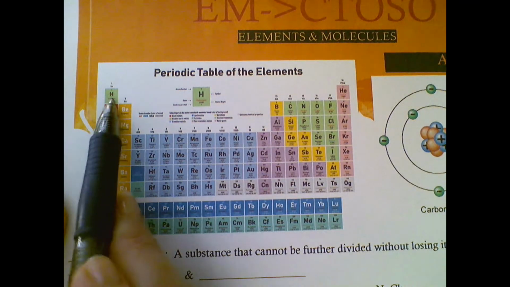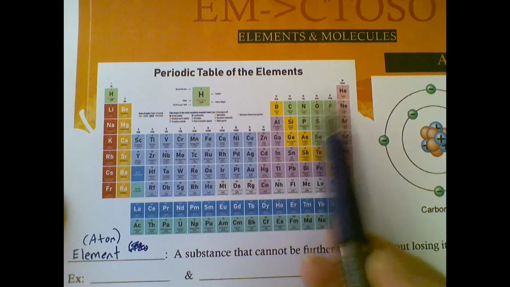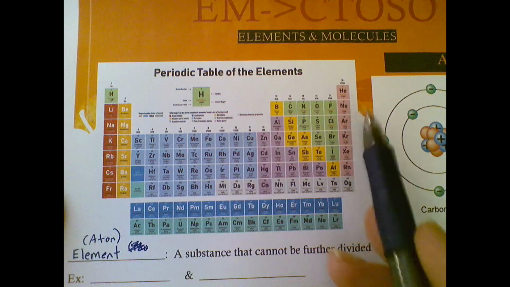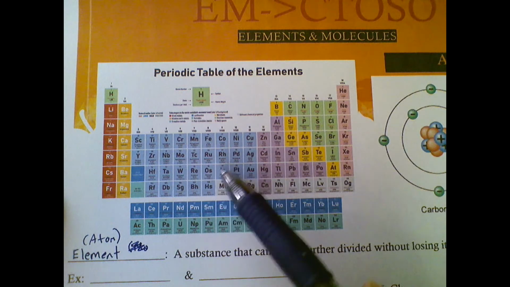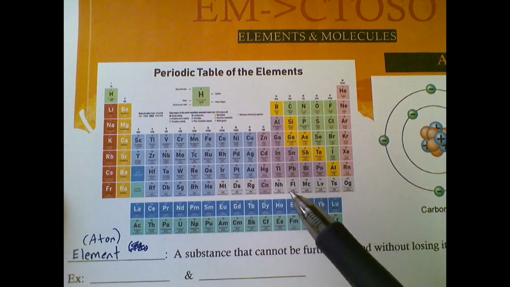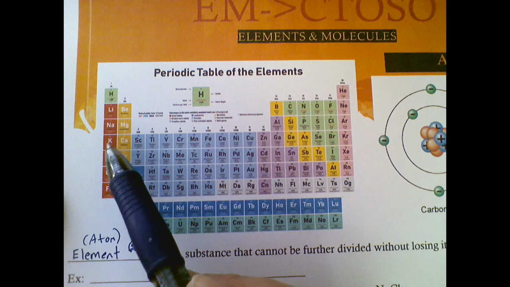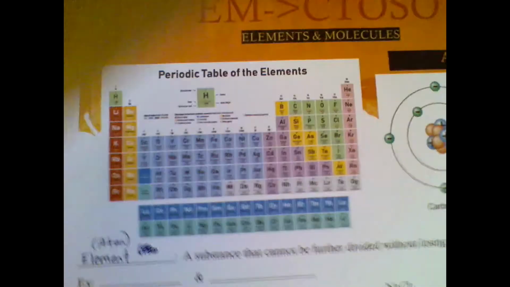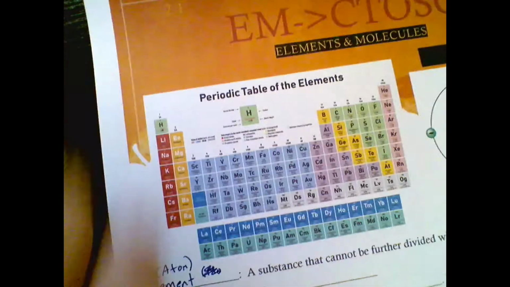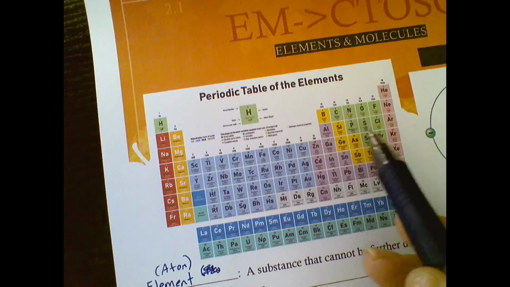You've heard of some of them: hydrogen, carbon, nitrogen, oxygen, helium, neon, argon. And then there's things like gold, iron, copper, all sorts of stuff is in here. Sodium, potassium. Potassium is with a K. And these atoms, I'm going to use the examples Na, that's sodium, and Cl.